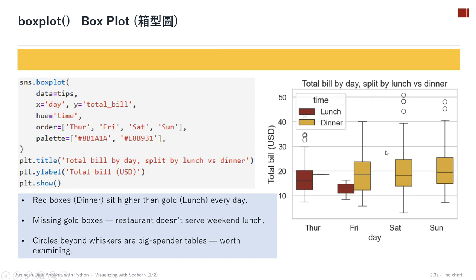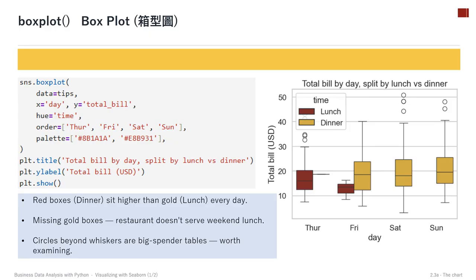For example, we can see the red box, the first line here. I think the red box is lunch, and the yellow box is dinner.